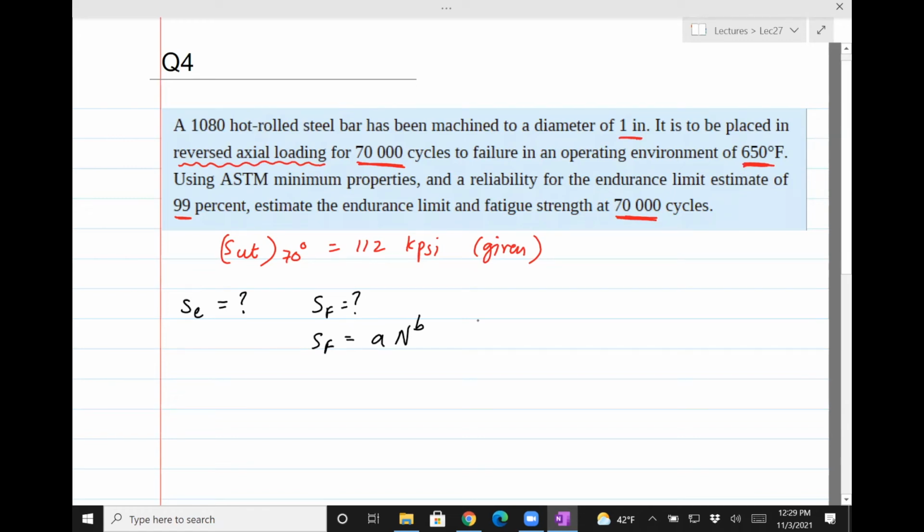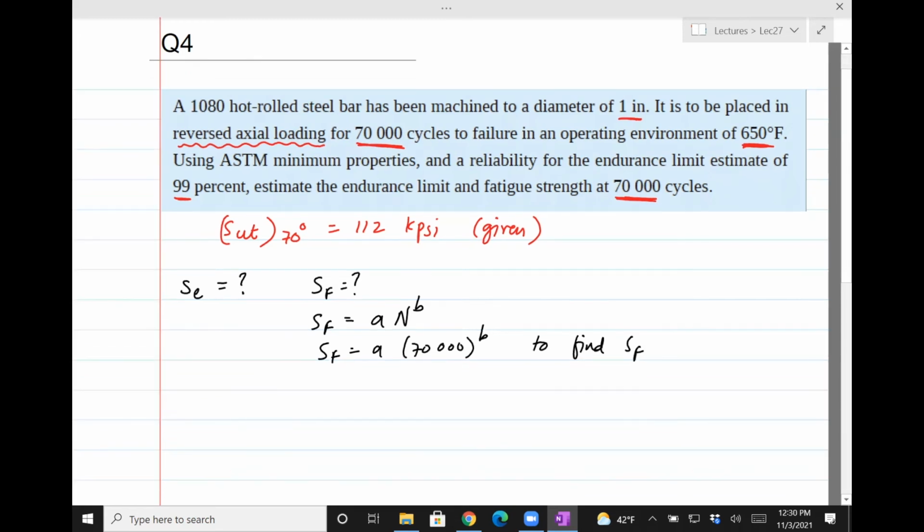And we need to essentially find SF. So I'm sort of trying to work my way backwards. And the question is, what are the things missing? A and B is missing, right? If you know A and B, then we can use that formula. But what is A and B dependent on?